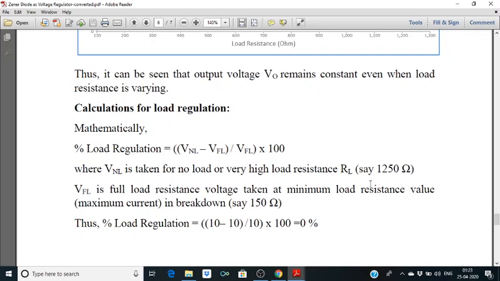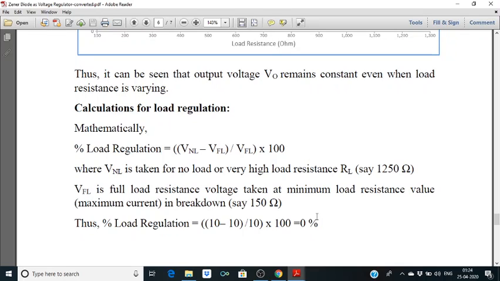At 1250 ohm we are getting VNL equal to 10, and VFL we take for full load or minimum load resistance, say 150. In this case also we are getting 10 volts. So 10 minus 10 divided by 10, and we are getting 0 percent load regulation. That means this circuit is perfectly working as a voltage regulator.